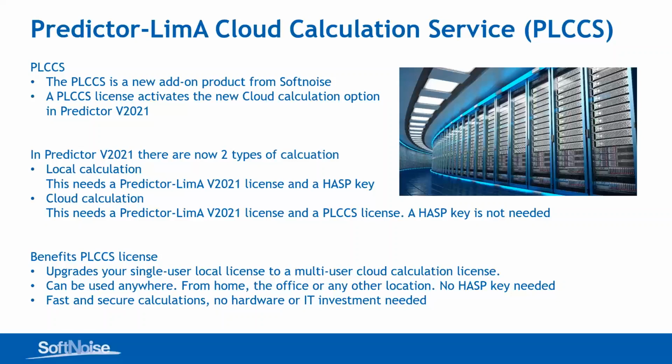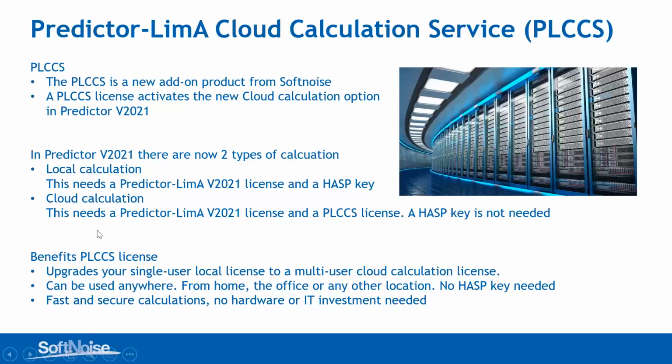In Predictor version 2021, there are now two types of calculation. You've got a local calculation, and this needs a Predictor license and a HASP key. And there's a cloud calculation. That needs a Predictor license and a cloud license, but you do not need a HASP key. So that makes it possible to work anywhere, from home, office, cafeteria, anywhere you want to start and watch your calculations.